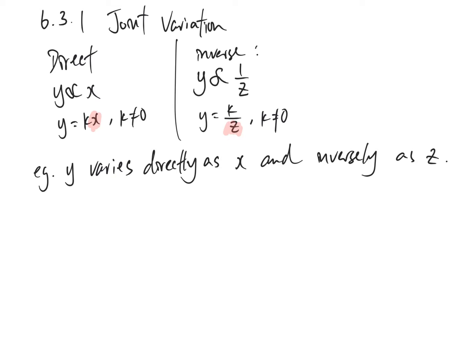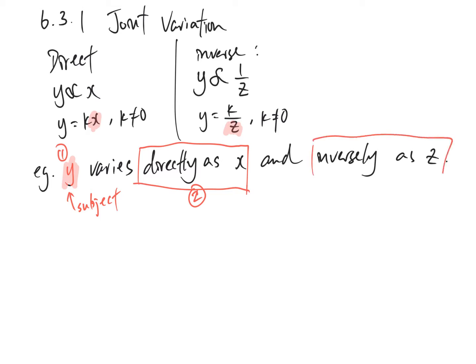The first part is the y here. This tells us that y will be the subject of our variation expression. The second important part is y varies directly as x. And the third part is inversely as z.